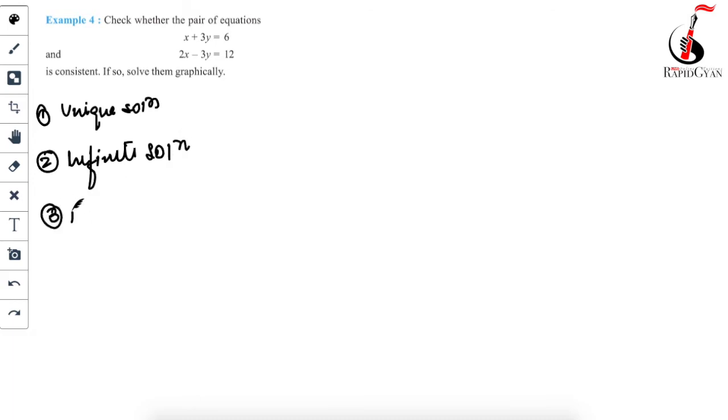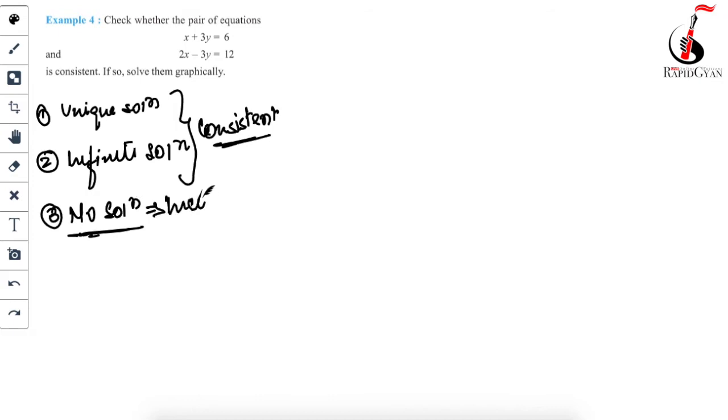The third case is no solution. So these two cases are called consistent. If a pair of linear equations falls under these two cases, then it is called a consistent pair of linear equations. And if we are getting no solution, that means it's inconsistent. Hope it's clear, guys.